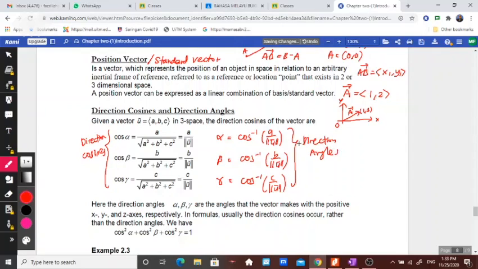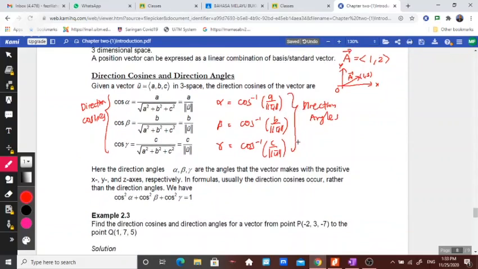So what is the meaning of alpha, beta, and gamma in this case? The direction angles alpha, beta, gamma are the angles that the vector makes with the positive x, y, and z axes respectively.